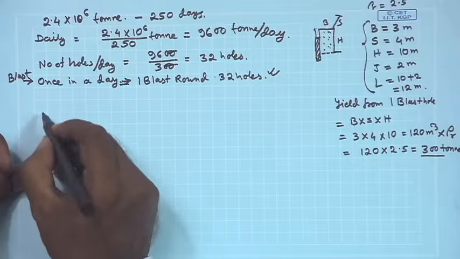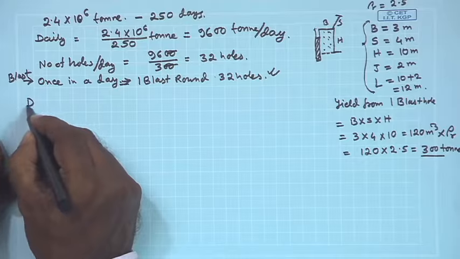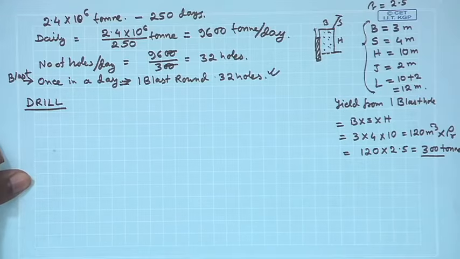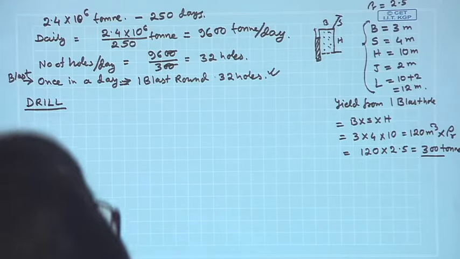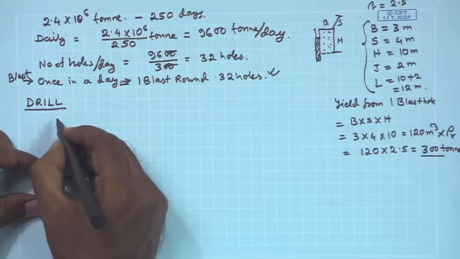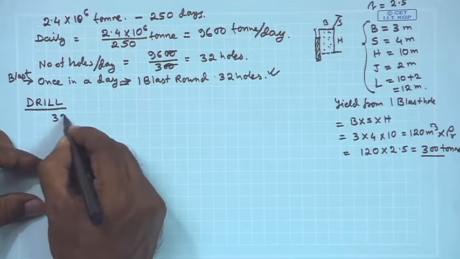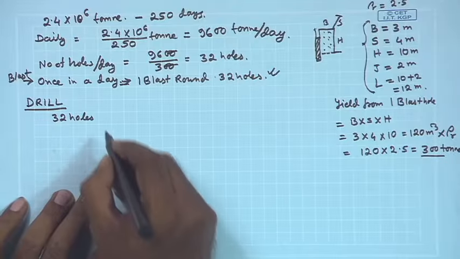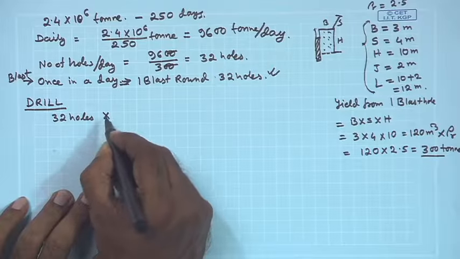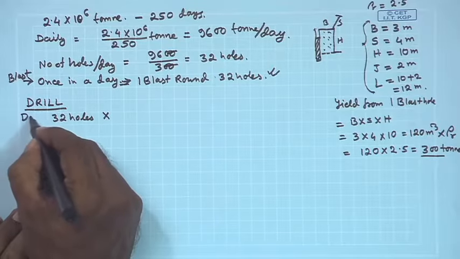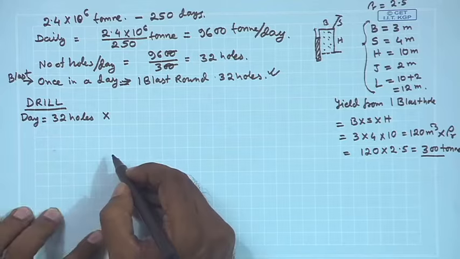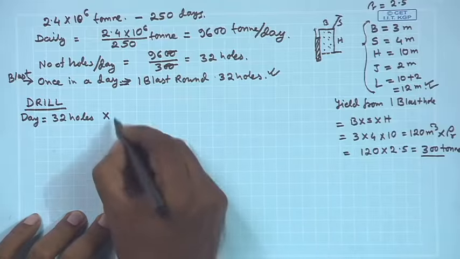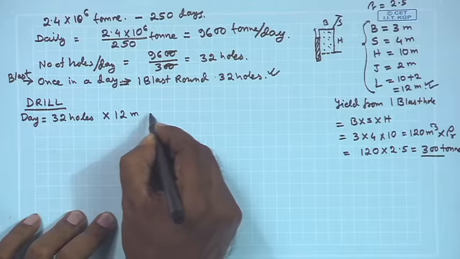Okay. So, this is the requirement for our blasting of 32 holes, but prior to blasting we need to go for drilling in this case. So, let us consider the drill. For this drilling, we have to drill 32 holes in one day, and the length of each hole is 12 meter.